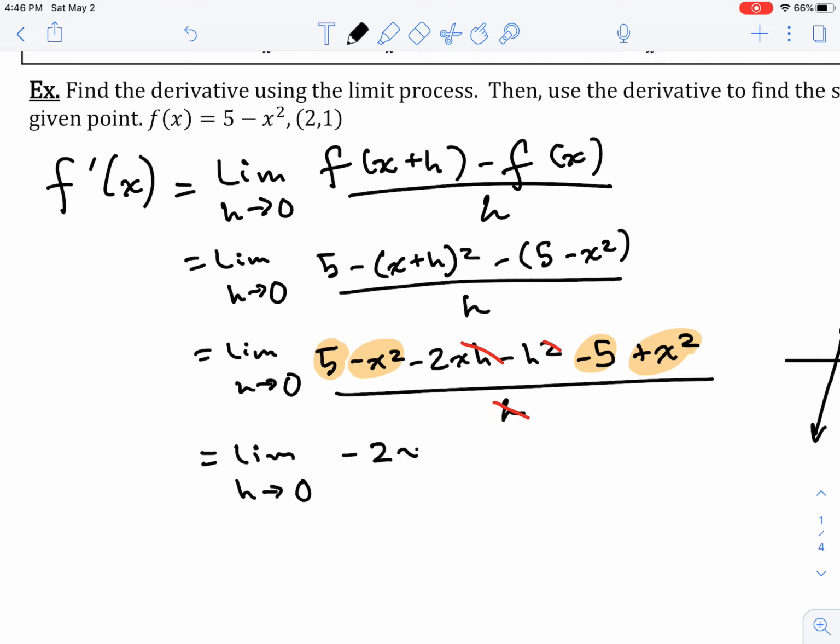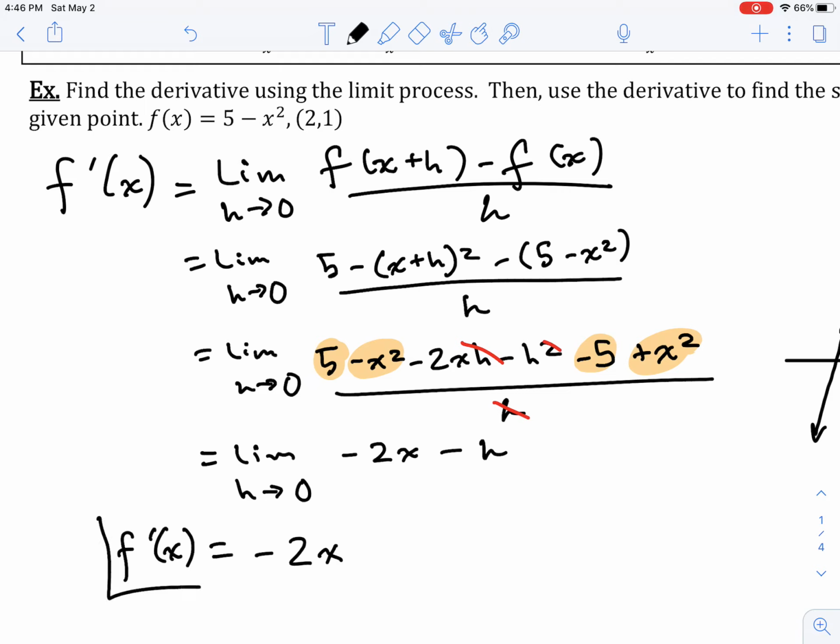And what we're left with is just negative 2x minus h. Here we go. Now let's find the limit of this expression as h approaches 0. Well, as h approaches 0, this is just leaving us with negative 2x. Okay?